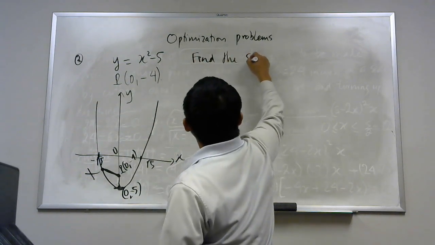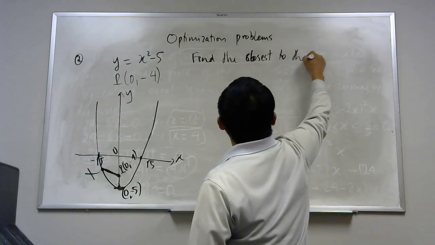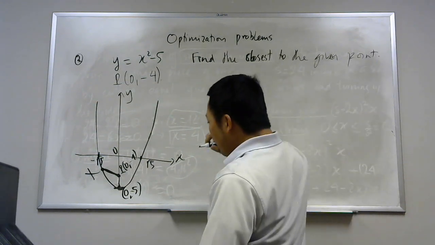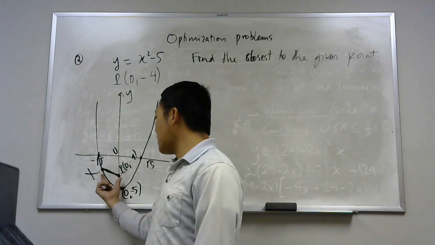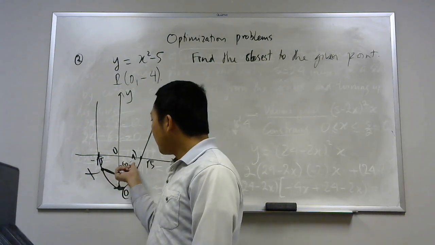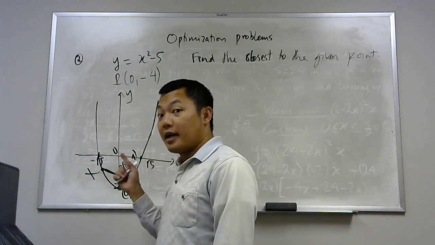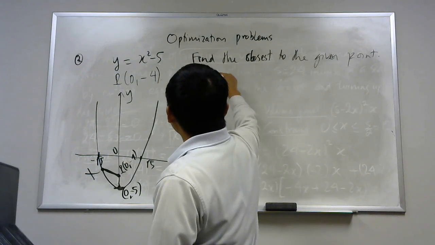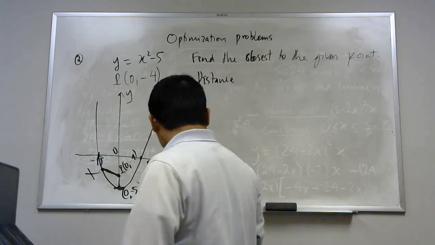So that means we have to find the distance between (0, -4) and any point on the parabola. That is the first observation. So we are talking about distance, right? Because the closest means the minimum distance.